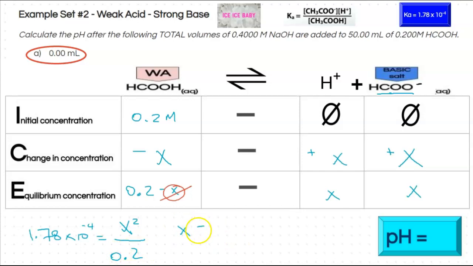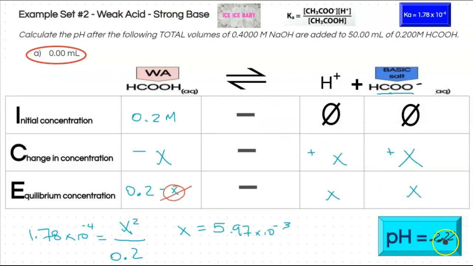Plugging that into my calculator, I find that the value of X is 5.97 times 10 to the negative third. When I take the negative log of that to get my pH, I find that the value of my pH for my initial solution is 2.22.